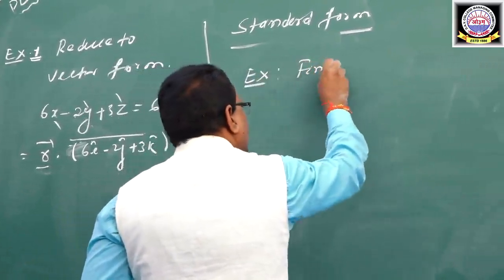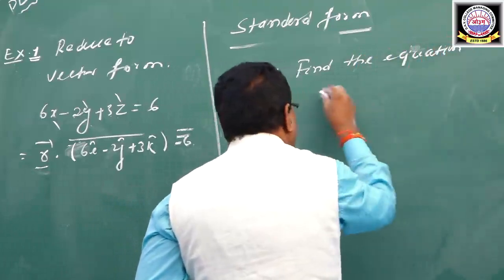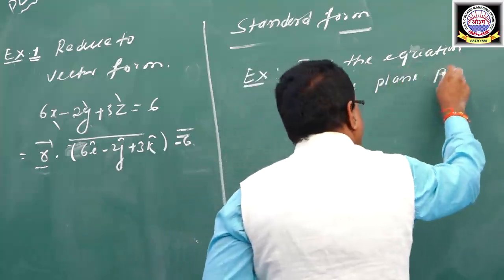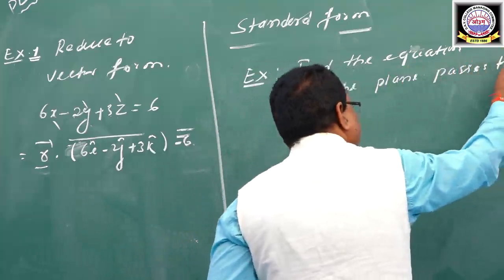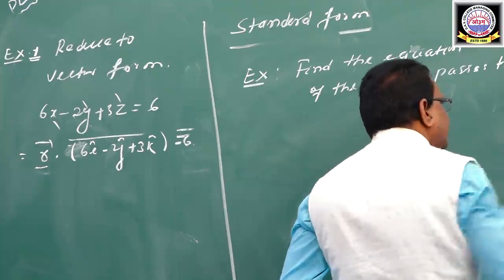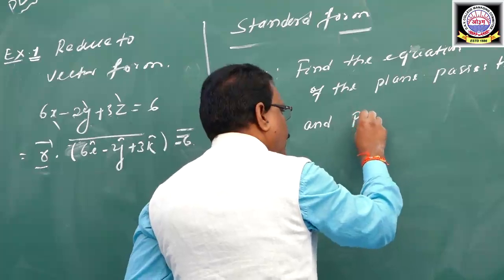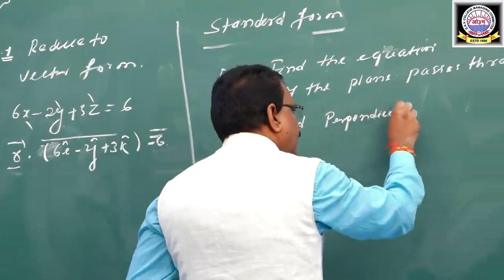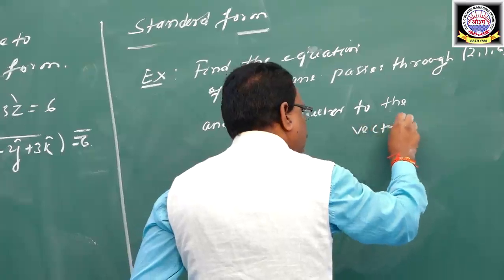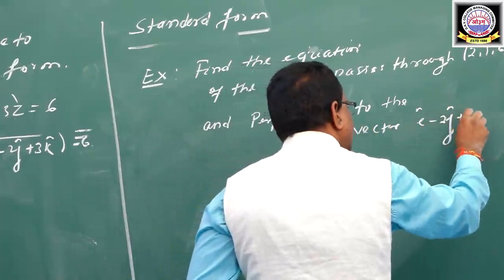Find the equation of the plane that passes through, I am taking any point here, passes through (2, 1, 6) and is perpendicular to the vector, say i minus 2j plus 3k.